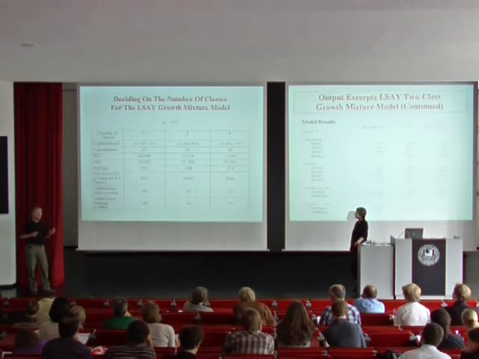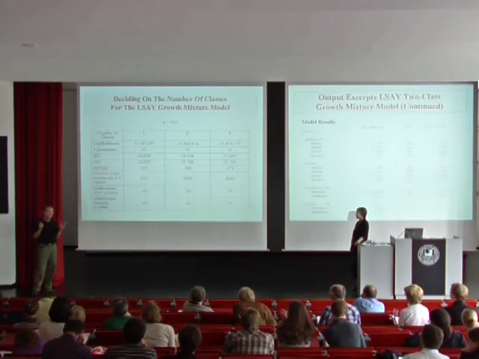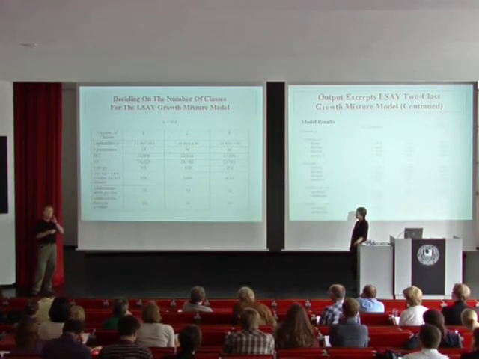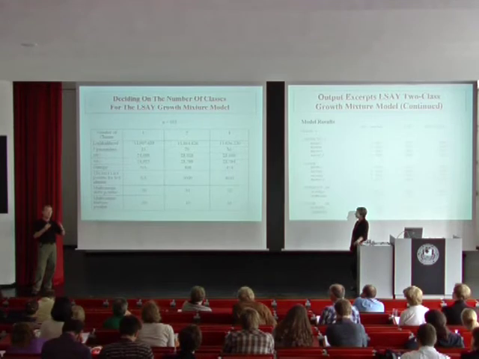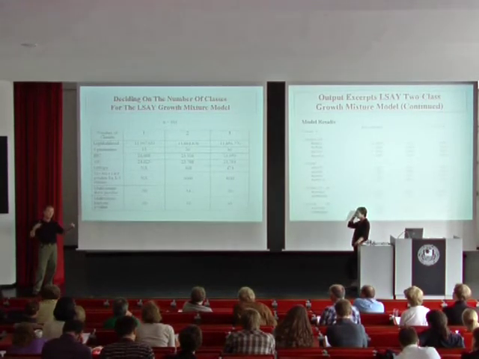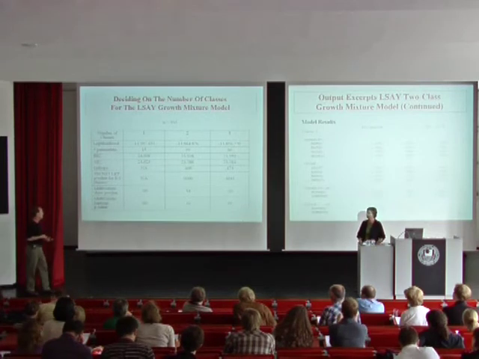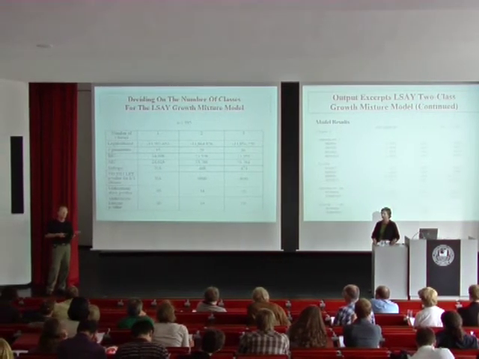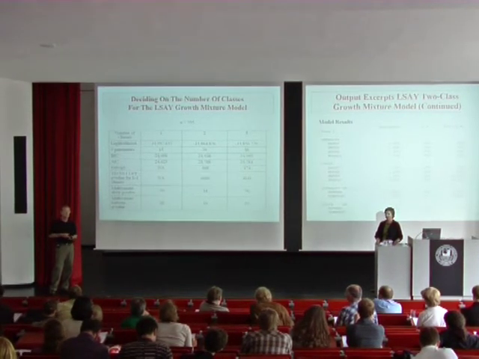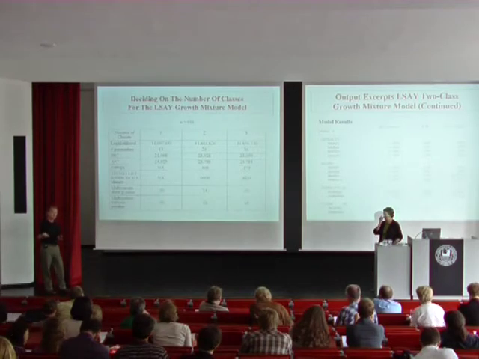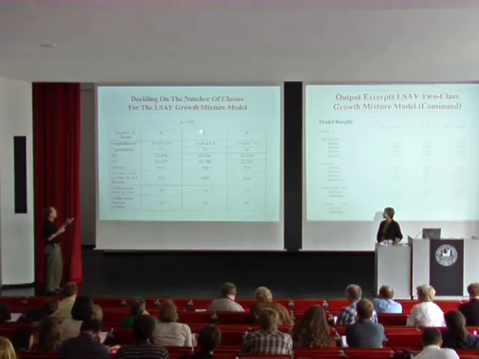So when you have a mixture of normals, it gets very skewed, as we saw in the picture. So you get a certain skewness, that's a third order moment, and a certain kurtosis, the fourth order moment, that's different from a normal. And here we're asking, does the model generate skewness and kurtosis that is seen in the data? And we cannot reject that the model does generate the proper skewness and kurtosis seen in the data when we have two classes.